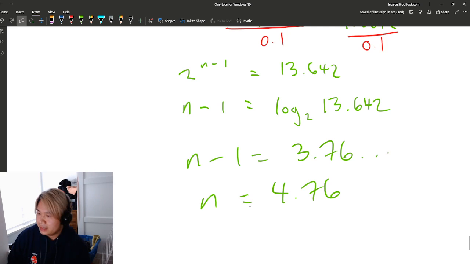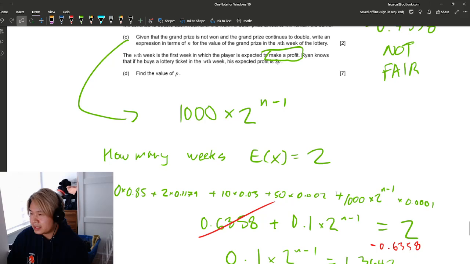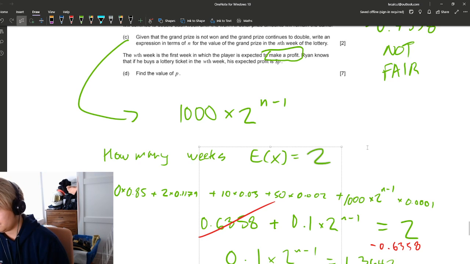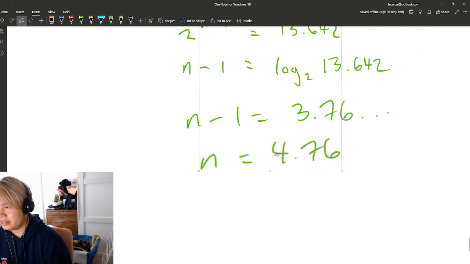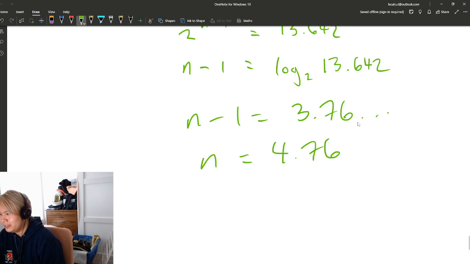Okay, and then you gotta think about this, right? The expected value will be 2, so you won't be making a profit. You'll just be earning back, breaking even, making the money you spent after the 4th week, but before the 5th. So that means that profitable, let's say, is going to be the 5th week.